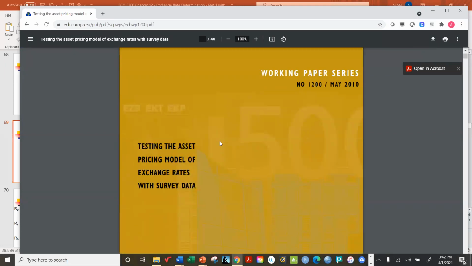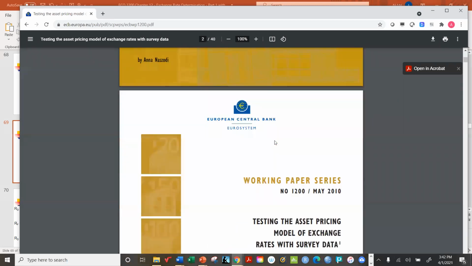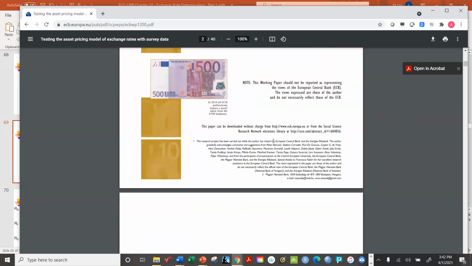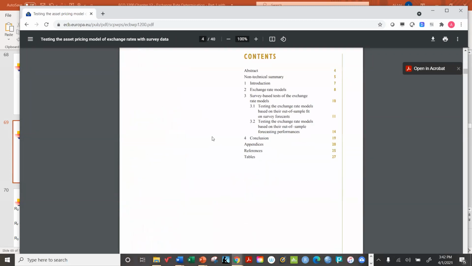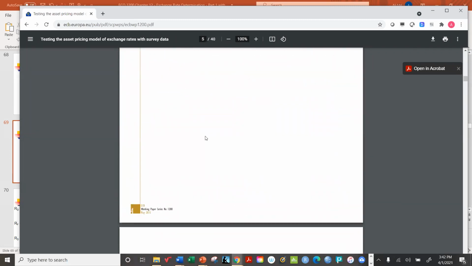See, here's somebody who actually tested this, 10 years ago. This is the model we're talking about, the asset pricing model of exchange rates with survey data. They're trying to find out if this theory really works or not. But this looks like it's probably a very technical paper.